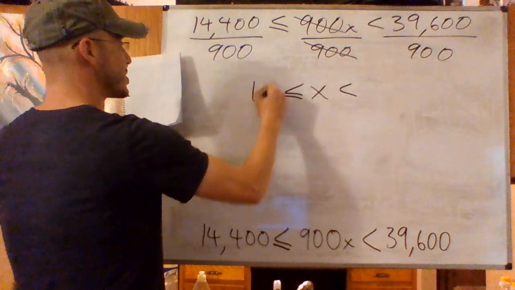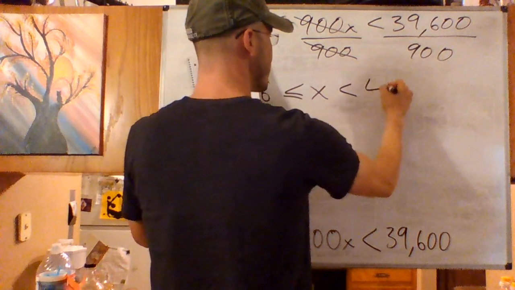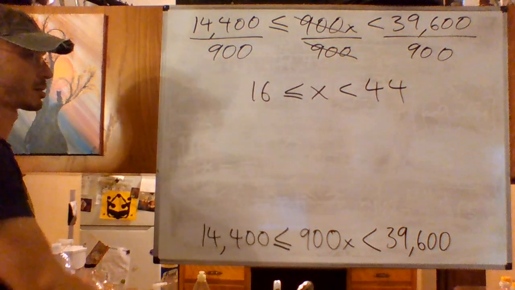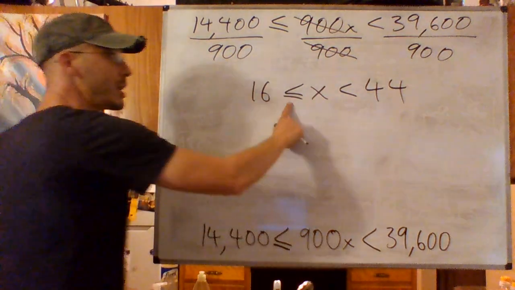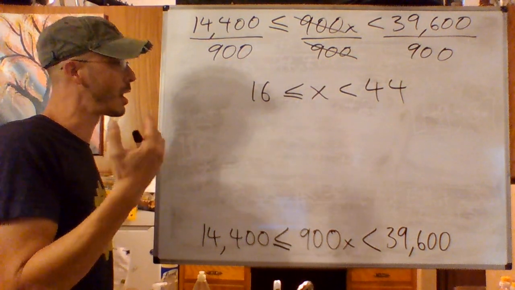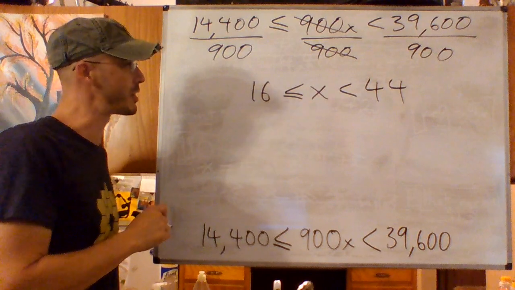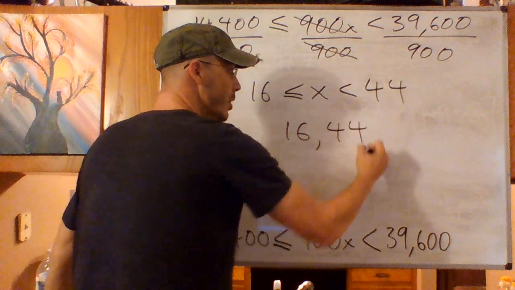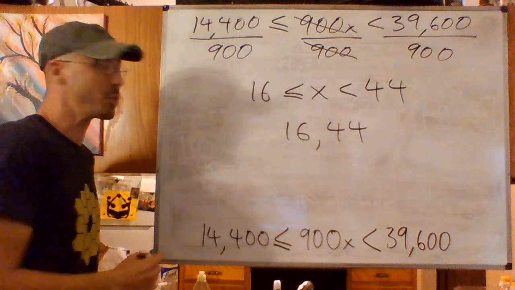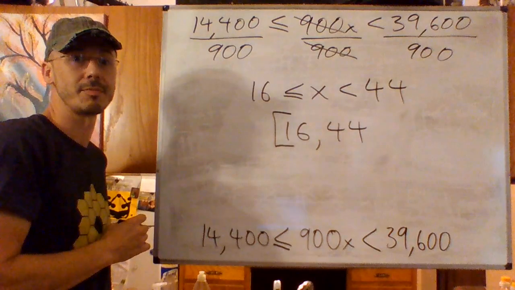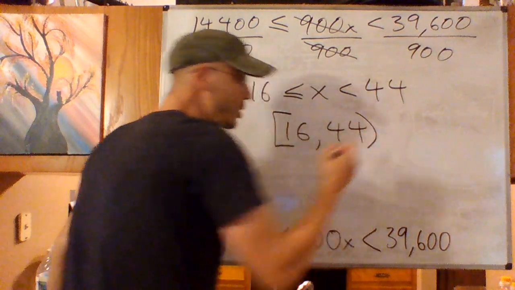This quotient comes out to 16, and this quotient comes out to 44, and that's the inequality notation for the solution. That's not the interval. I'm pretty sure Hawks is going to want the interval. So it's between 16 and 44, but I want to include 16 in that solution set and not include 44.